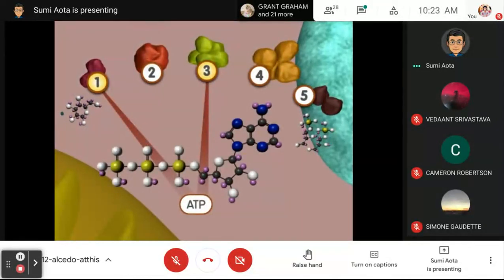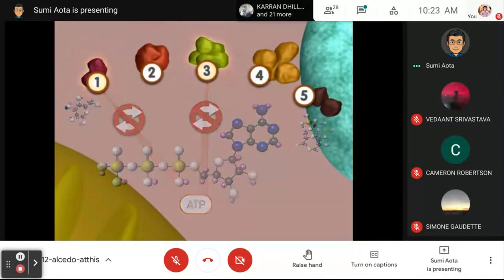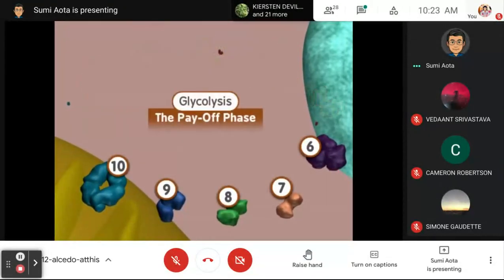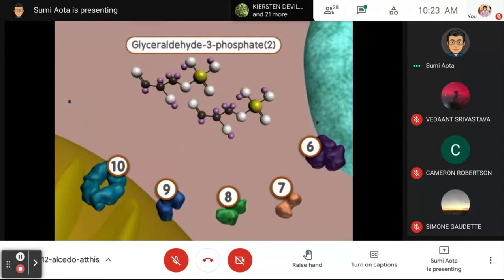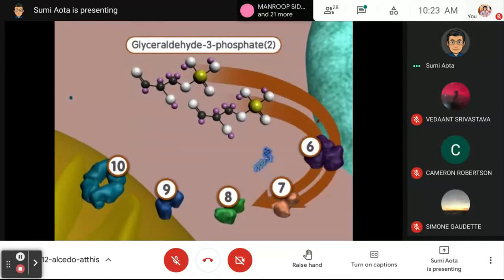Both of these chemical reactions are catalyzed by an enzyme known as a kinase, and both reactions are irreversible. The next 5 steps of glycolysis produce energy. 1 ATP is made per glyceraldehyde 3-phosphate in both reactions 7 and 10.